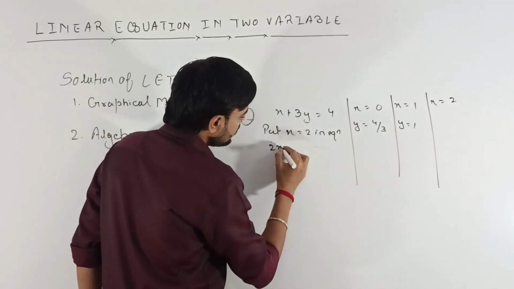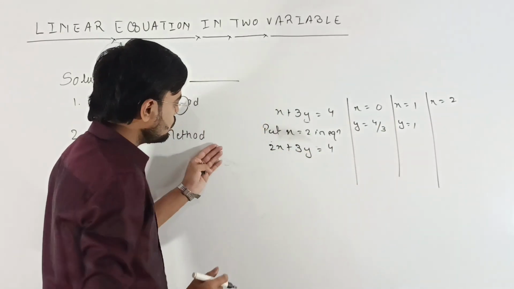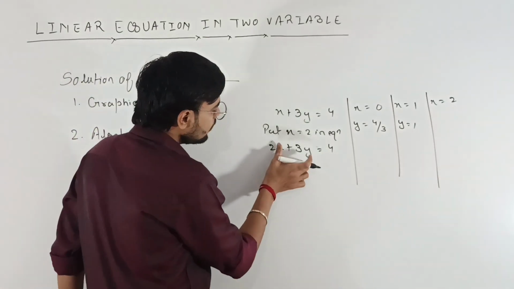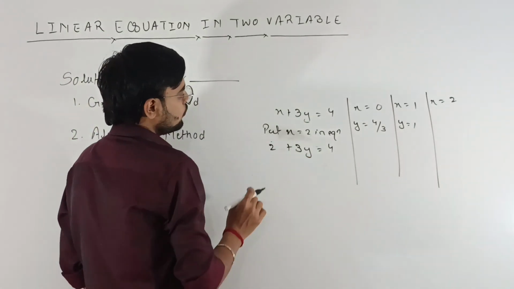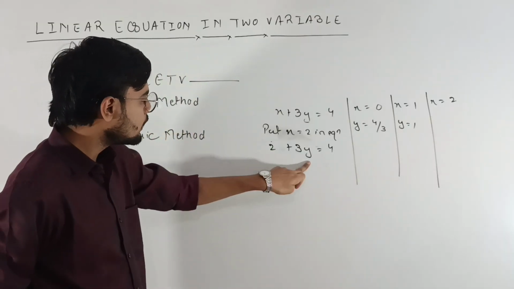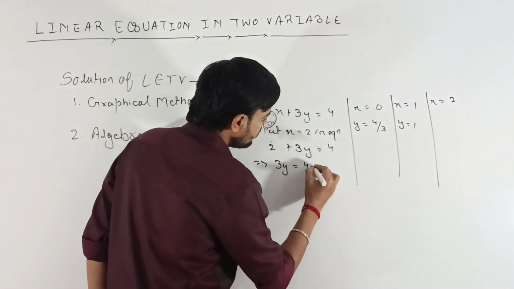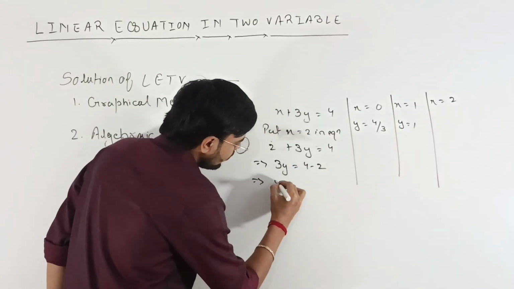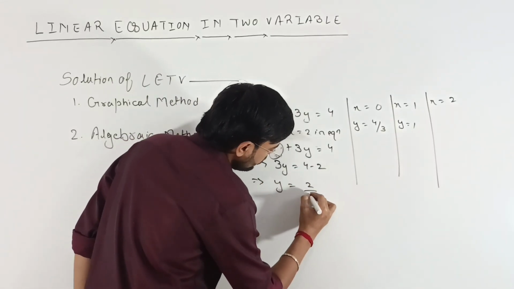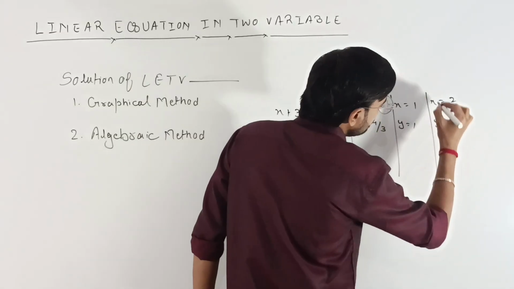This becomes 2 plus 3y is equal to 4. In place of x, I put 2. Now after solving this, 3y is equal to 4 minus 2. Then y is equal to what? 2 upon 3. Then y is equal to 2 upon 3.